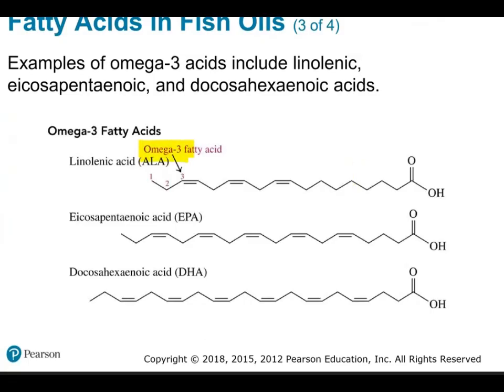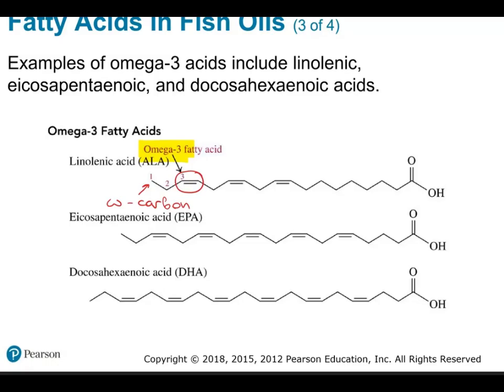Okay, you can see that here. This is the terminal carbon, the omega carbon. And then you count 1, 2, 3 until you run into the first double bond. Are we doing okay so far?